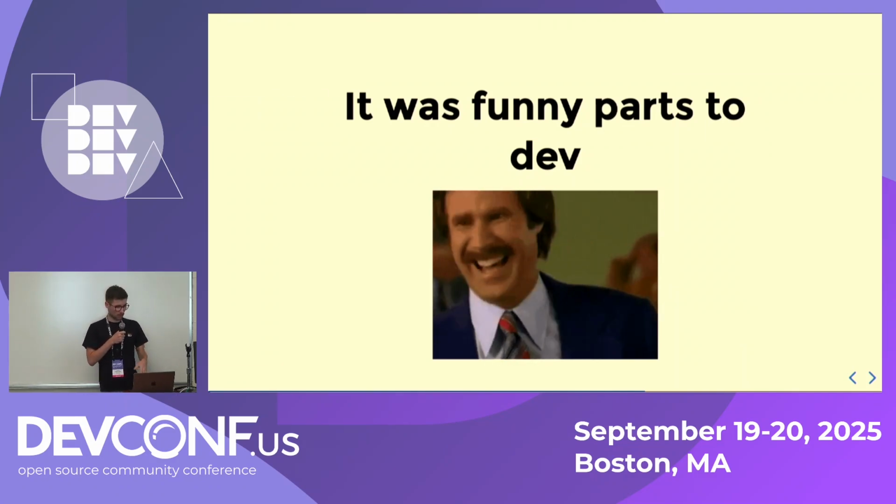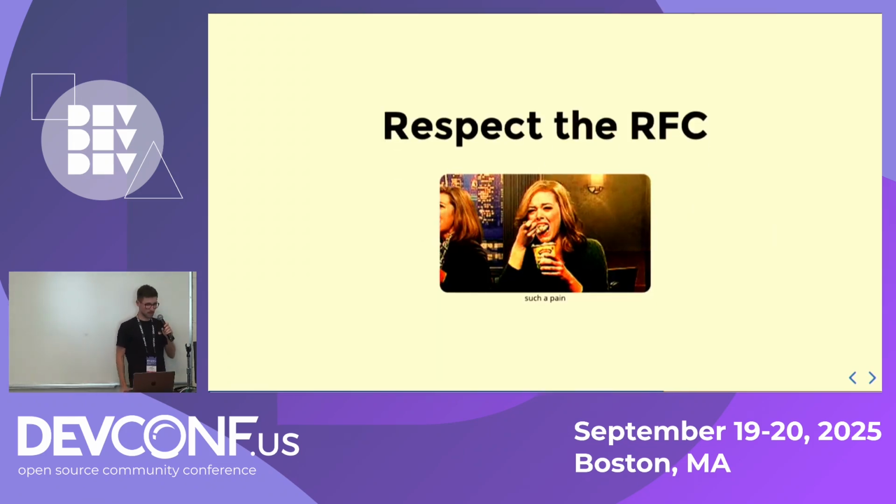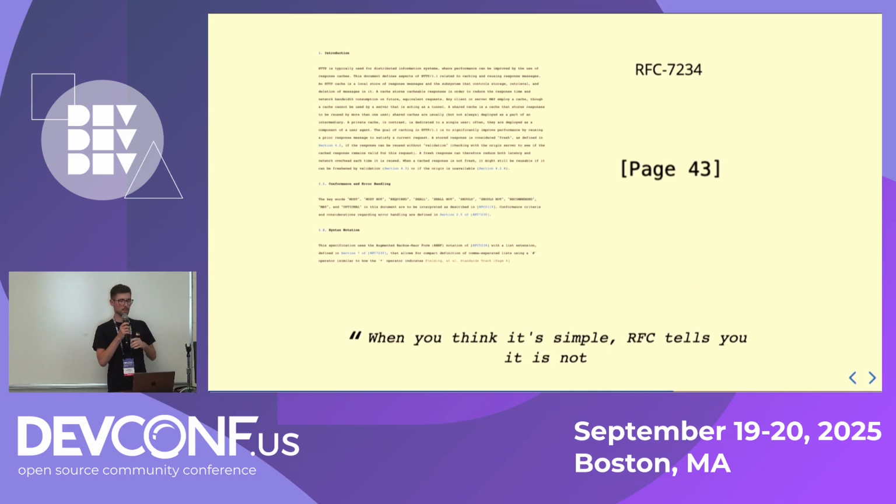But when you talk about HTTP cache, you have something called the RFC. Does anyone know what an RFC is? Okay, not too many. An RFC is like a blog post that is really, really long.